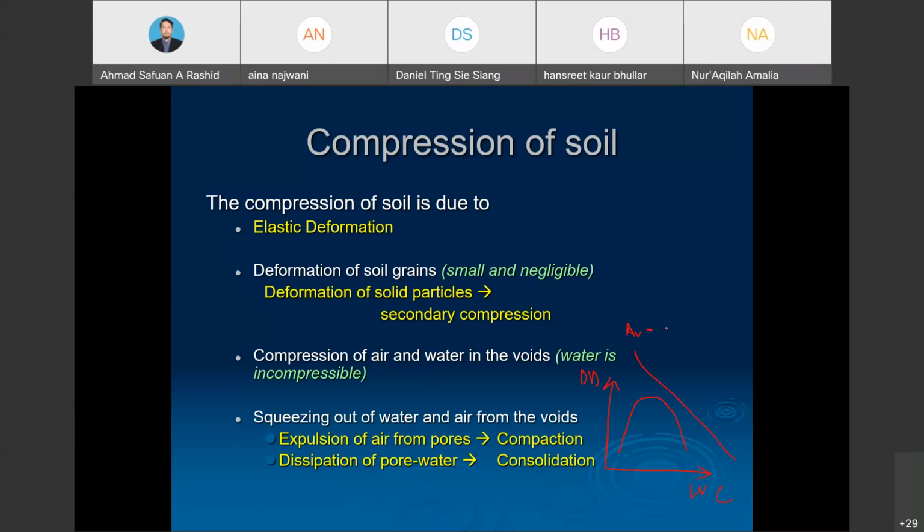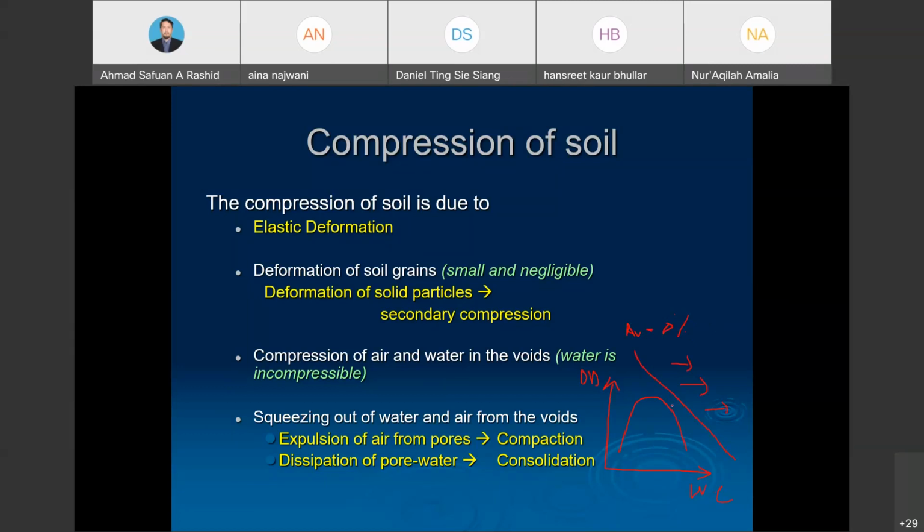In this part, part ini kita namakan sebagai saturated punya condition.